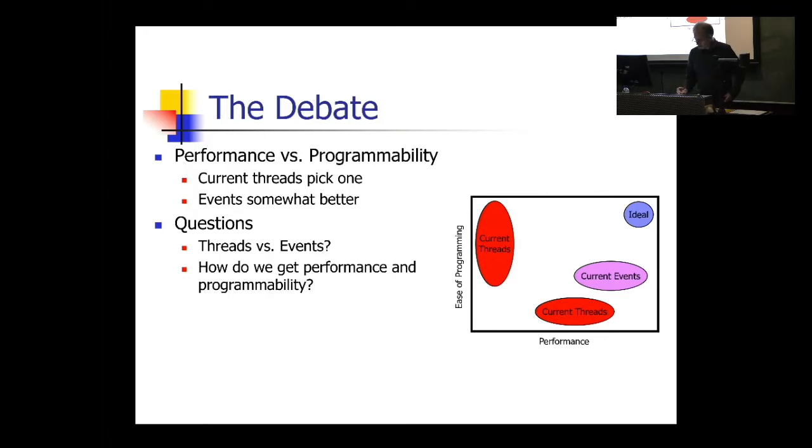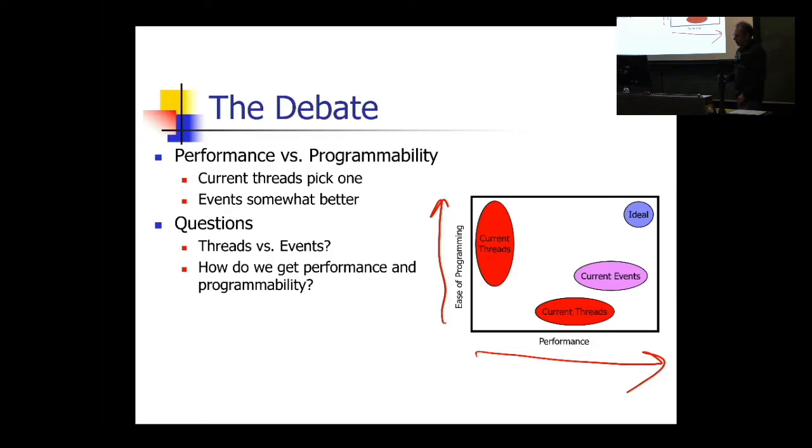I've got a graph here of ease of programming versus performance, where performance means scalability on large machines. With a thread programming model in red, if I use really coarse-grained locking, it's a really simple programming model. It's easy to deal with. There are not many locks.